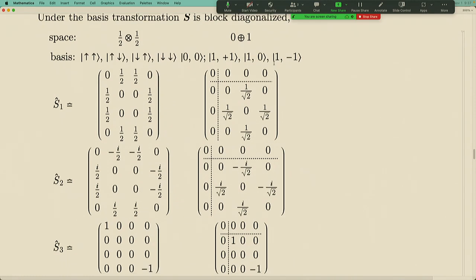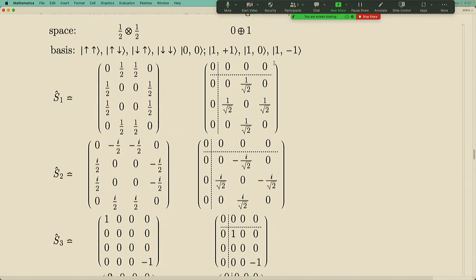But if you represent it in a new basis, which is 0 ⊕ 1, this plus simply means direct sum. Direct sum means that you just arrange the bases together, while direct product is like you multiply the bases together. For example, spin 1/2 corresponds to up and down. If you tensor product with up and down, it spans 4 different combinations. But direct sum just means you concatenate the bases together.